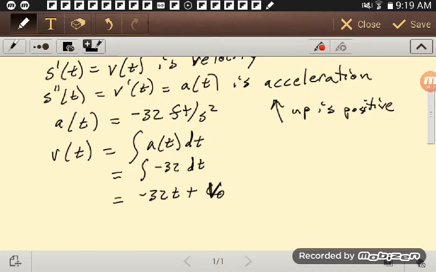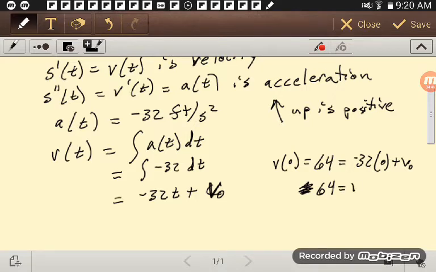What we know as far as v0 is that v of 0 we were told was 64 feet per second, but that needs to be equal to minus 32 times 0 plus v0, and so 64 is equal to v0.